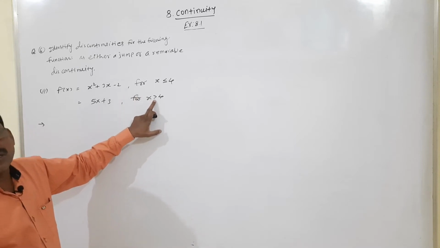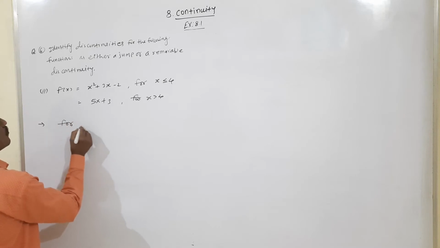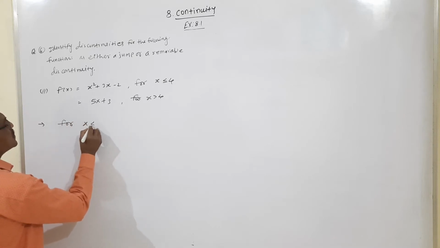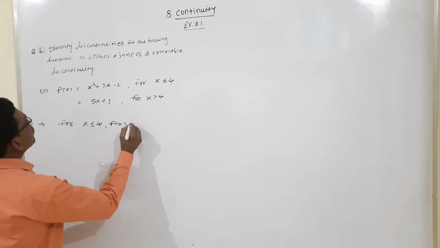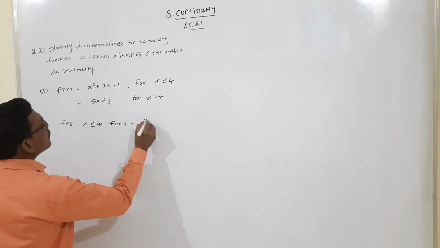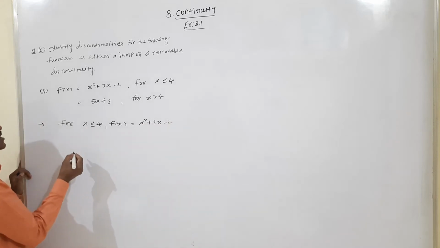So for the interval x less than or equal to 4, the function is equal to x square plus 3x minus 2.